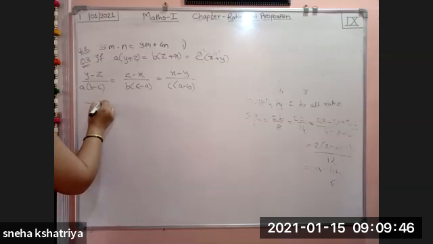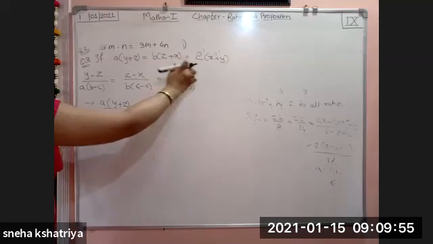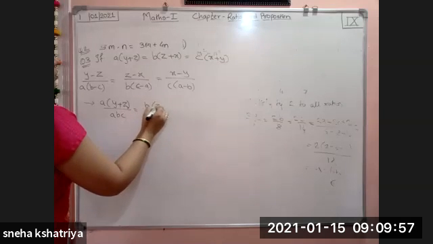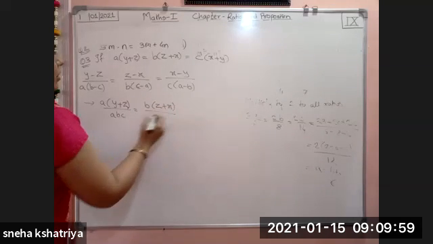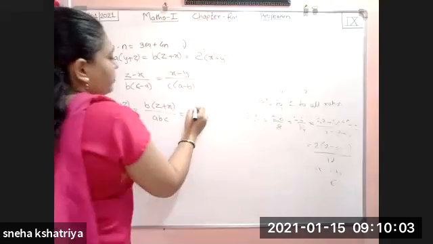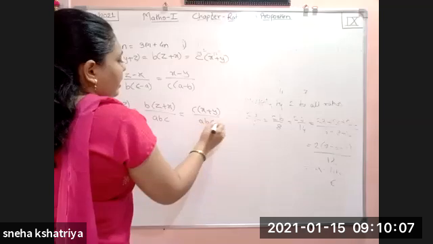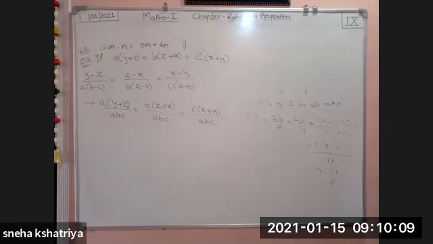So this will become a(y + z) divided by abc. Divide abc to each term. Okay, so we will get b(z + x) divided by abc, which is equal to c(x + y) divided by abc.